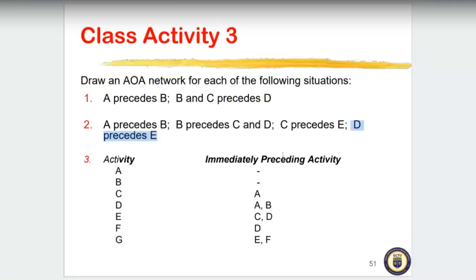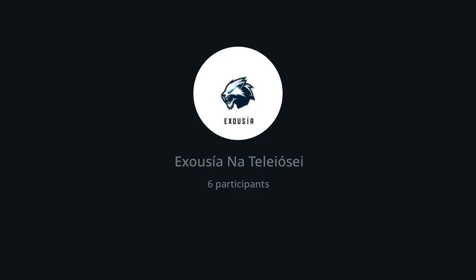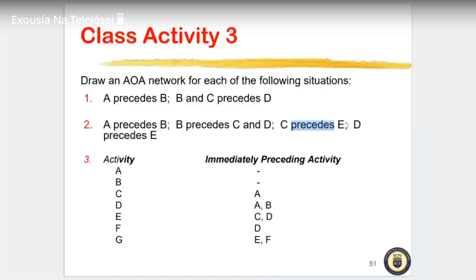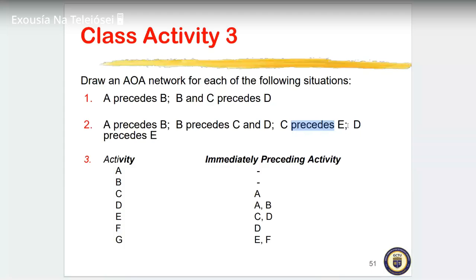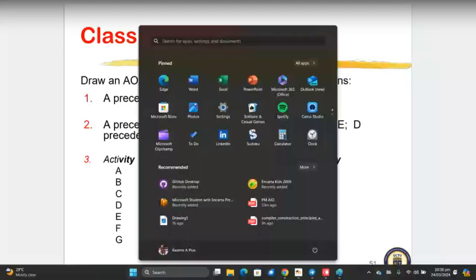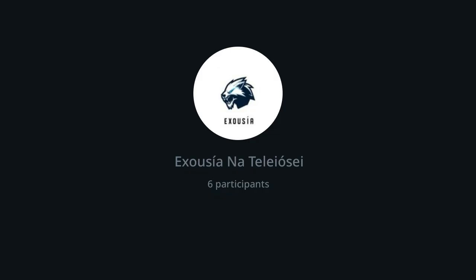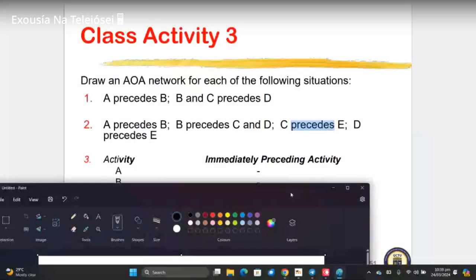This is making us go in reverse. This one's C precedes E. It says A, B, C, D, and then E. D should finish before E. So I think it's correct.